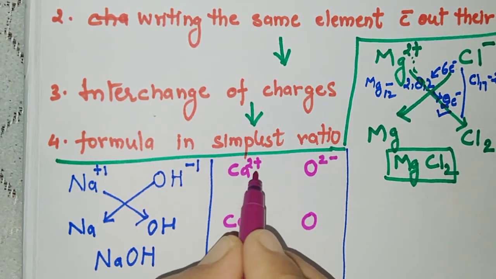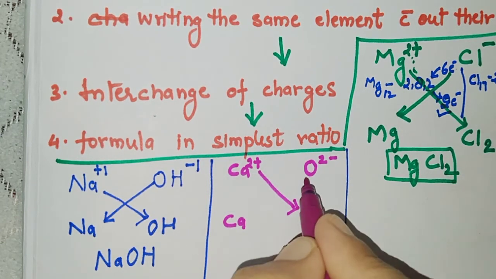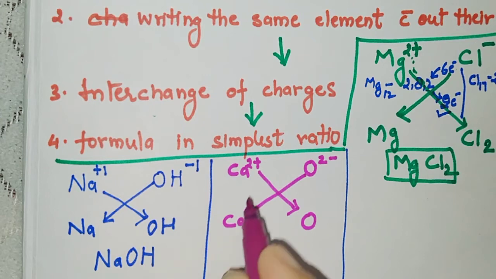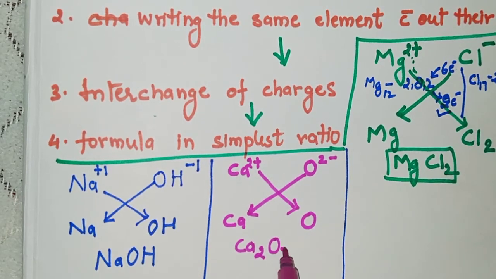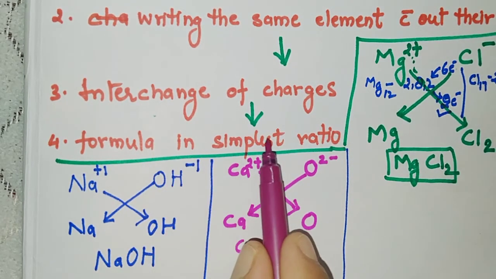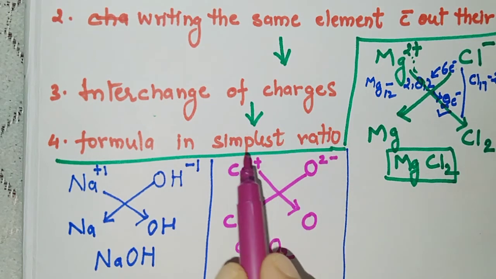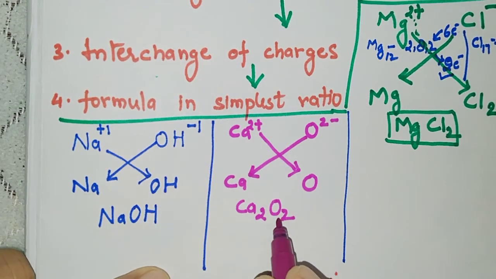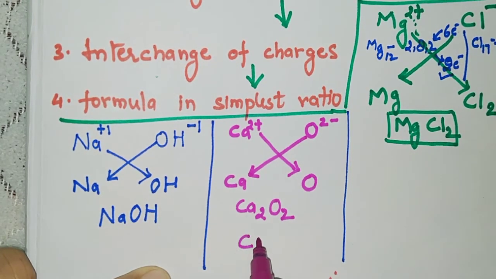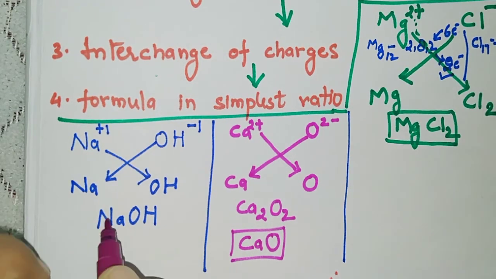We will interchange the charges. Calcium will be 2, oxygen will be 2. Now, after interchanging the charges, we have to put it in the simplest ratio. Ca2O2. What is its simplest ratio? CaO. So this is the compound here.